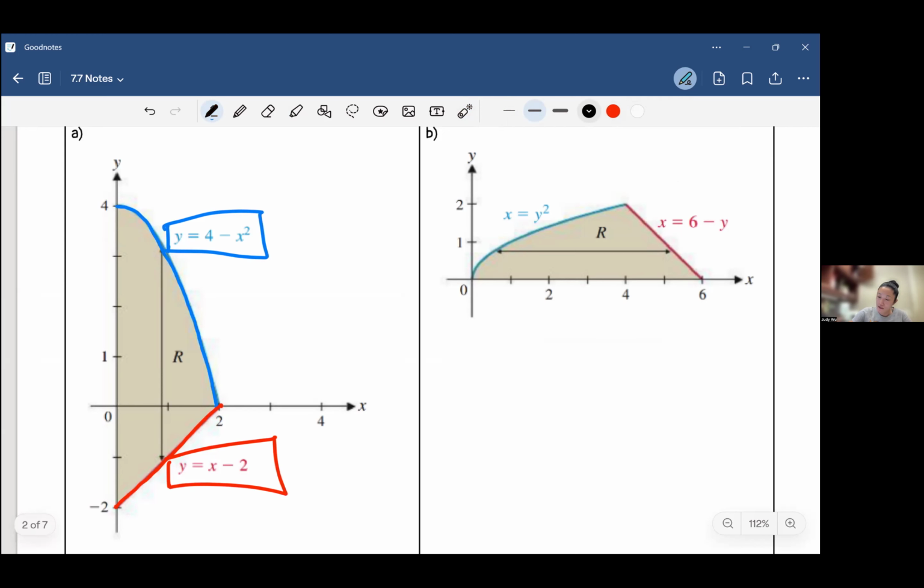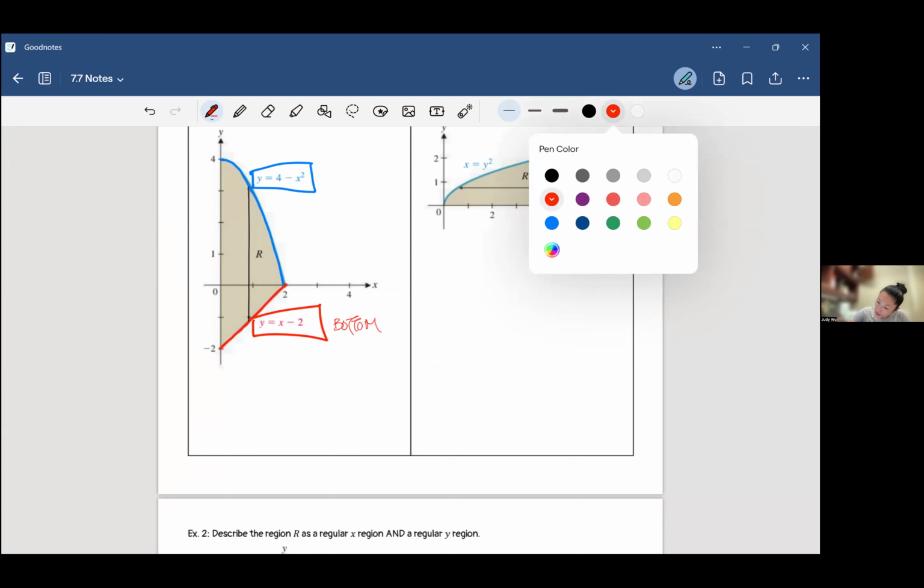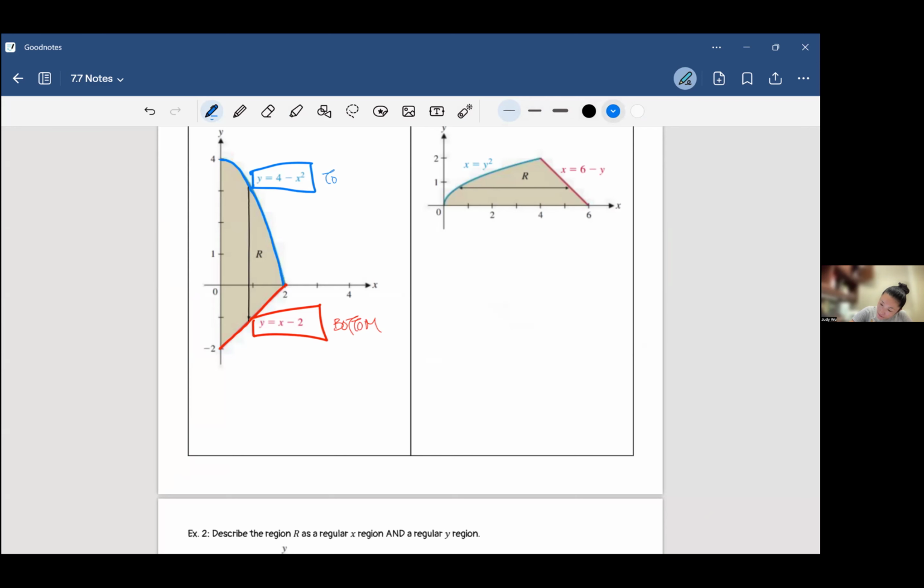And when we say top and bottom, we mean if we drew a vertical line anywhere in here, the blue curve would always be on the top and the red curve would always be on the bottom, because we see a very clear top and bottom. This is our bottom curve, and this is our top curve.